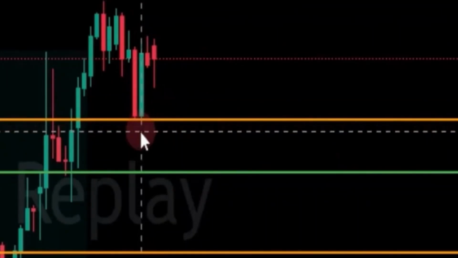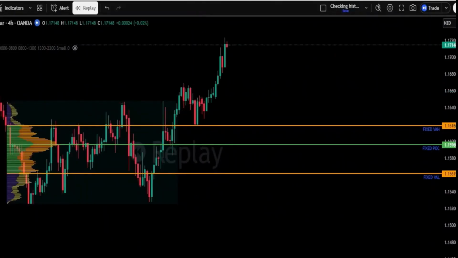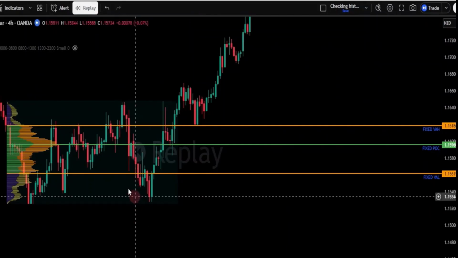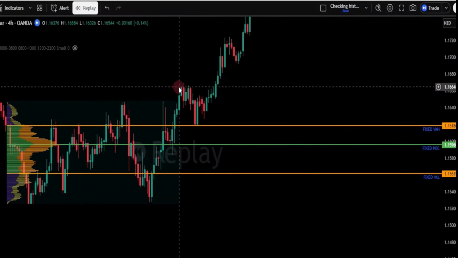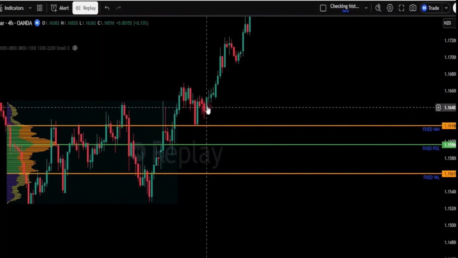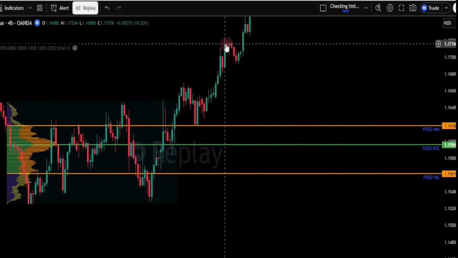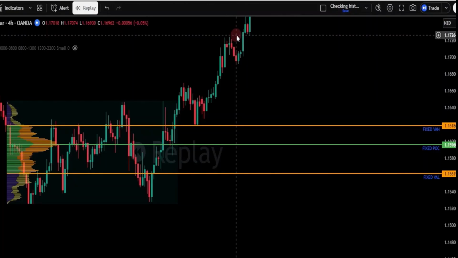Now look at that rejection, and then price continues to go higher. This is what I want you to focus on. Price breaks the range, price returns to the range, and institutions defend their position. When you combine volume with price action, you start seeing the same story over and over again.